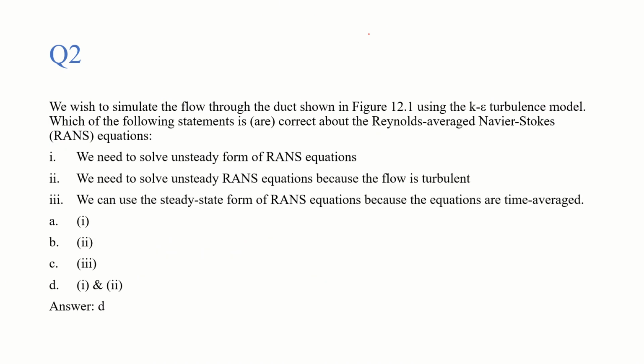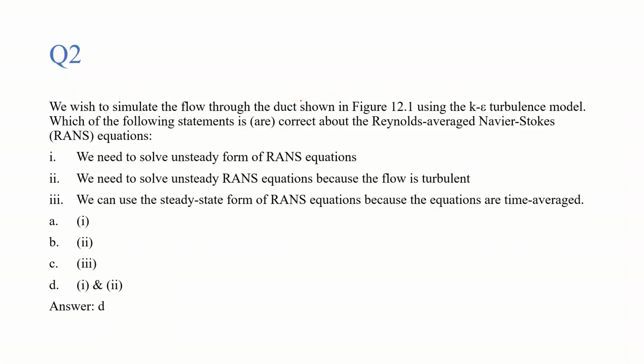We wish to simulate the flow through the duct shown in figure 12.1 using the K epsilon turbulence model. Which of the following statements are correct about the Reynolds averaged Navier-Stokes equation?